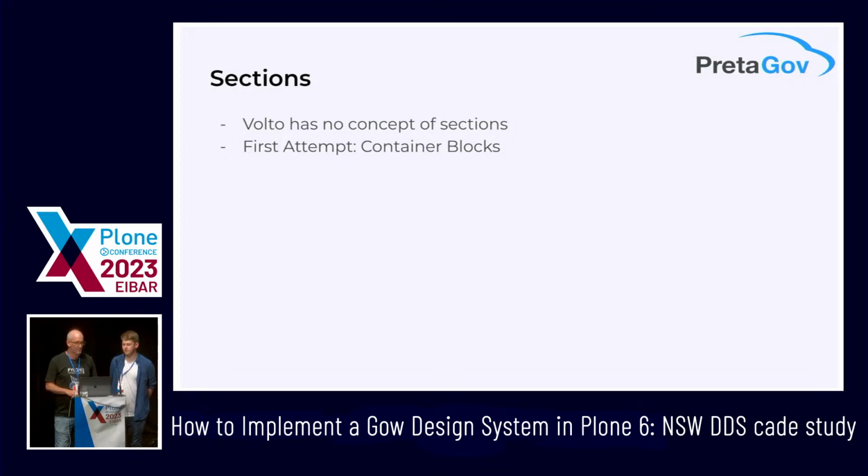So our first attempt was a container block, like a section as a container. And the problem with this is that the default case is that users are just going to write down the page. They shouldn't have to deal with moving things in and out of containers and knowing that there's a section there.